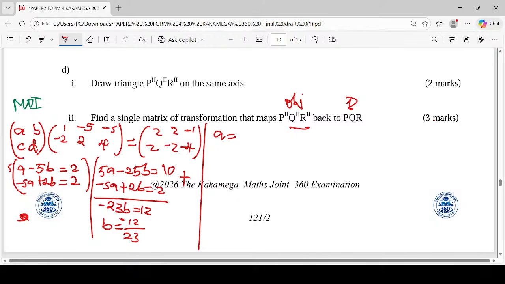Negative 14 over 23. So I've gotten A and B.